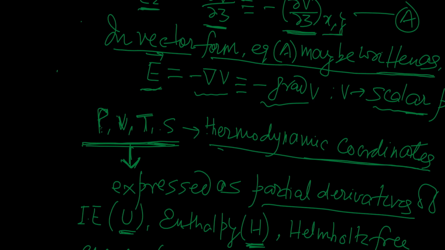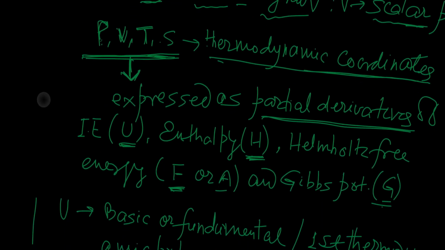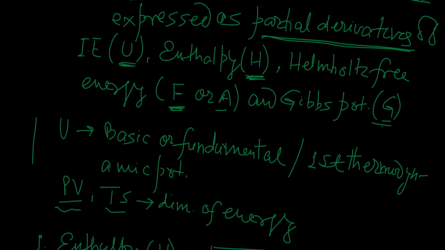will be found as partial derivatives of the scalar functions like internal energy U, enthalpy H, Helmholtz free energy F and Gibbs potential G. What I have told you is that P, V, T and S will be defined as derivatives of 4 thermodynamical functions.